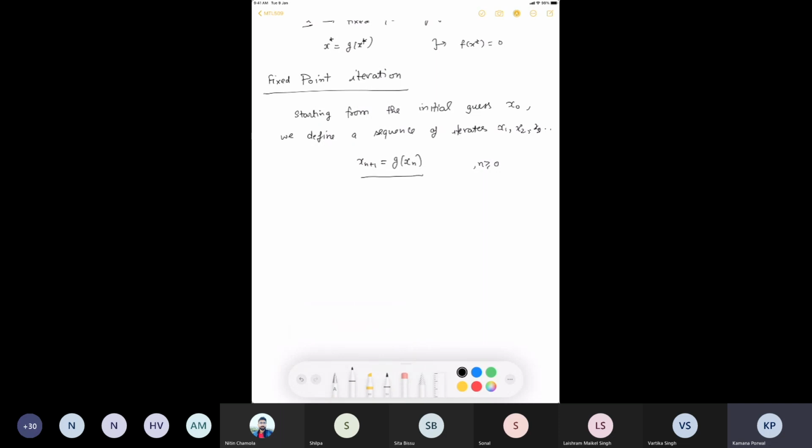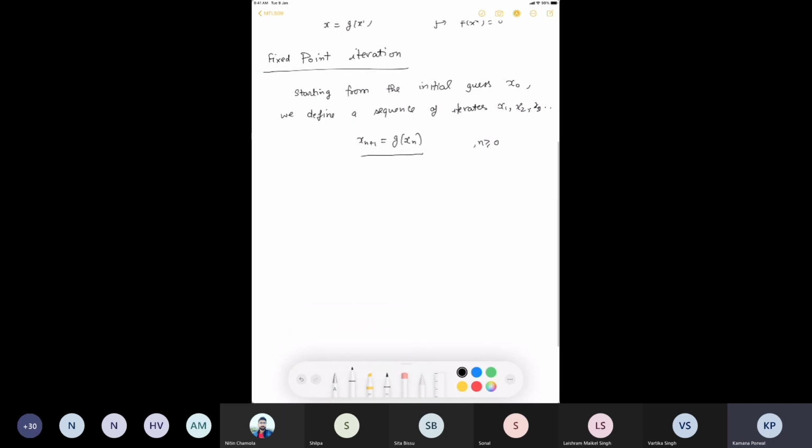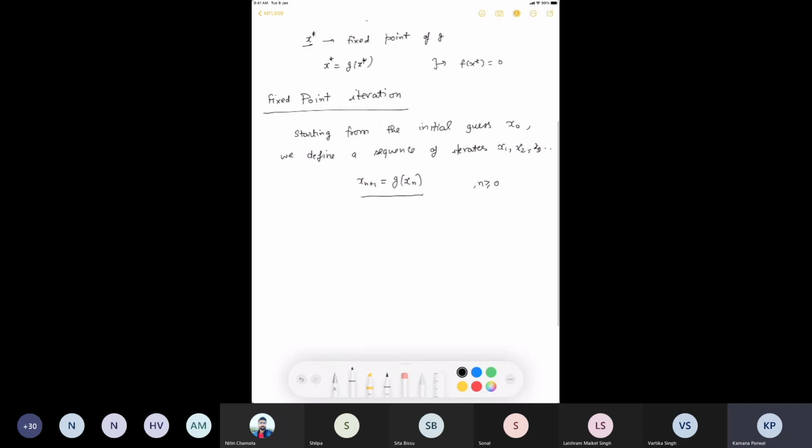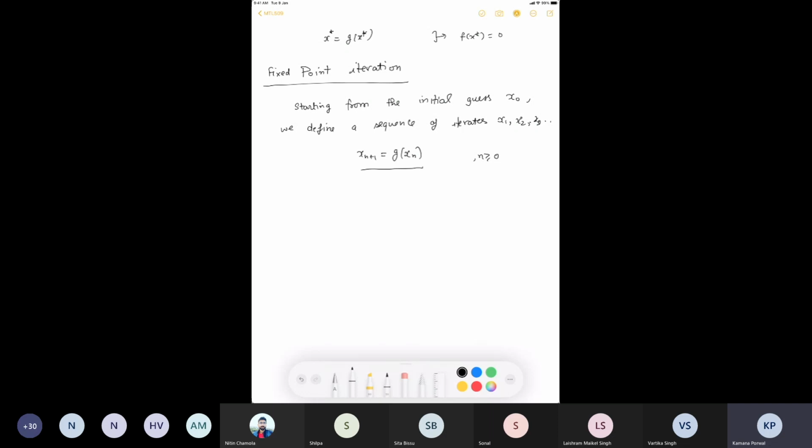And now we will be understanding what choices of the g we have to take, right? And whether this sequence of the iterates which we are going to construct using this fixed point iteration method is going to converge to the fixed point of the g, right? You can, of course, note that this iteration method depends on the choice of the g, so the convergence of the sequence xn will also depend on the choice of the g, right?